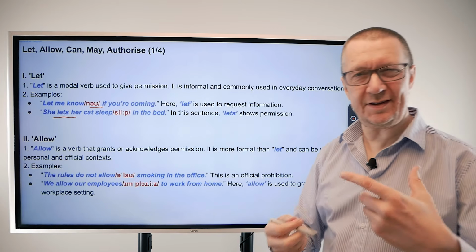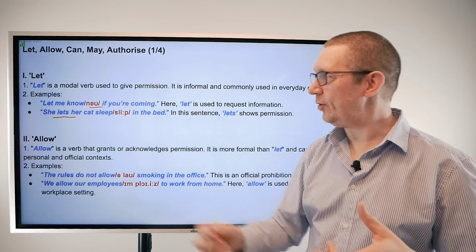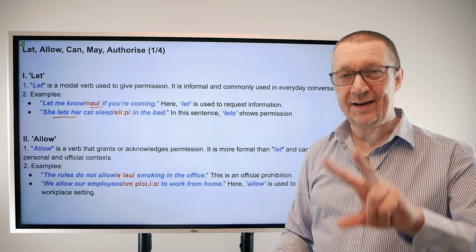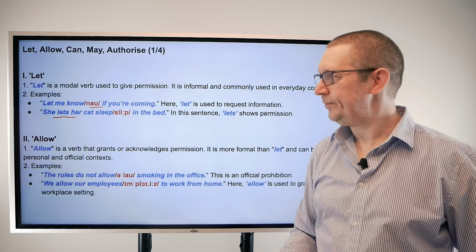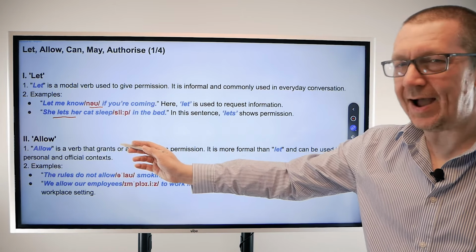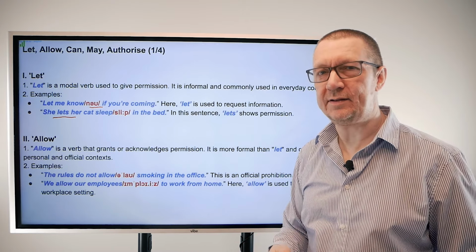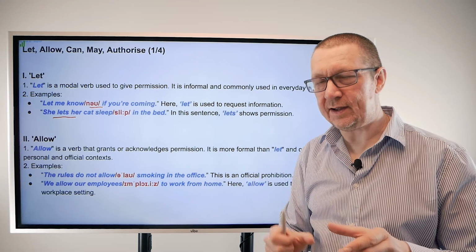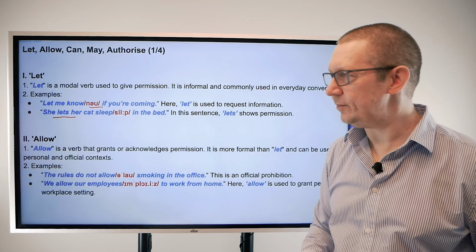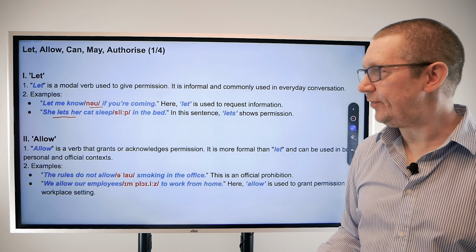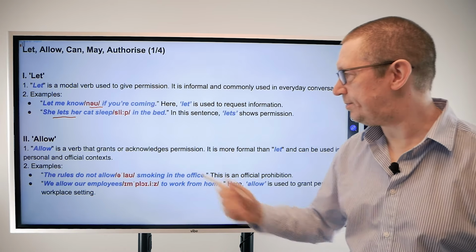Notice how I used allow a lot when I was talking about let, and it's because they're very similar. So what's the difference between allow and let? Well, actually, it's just a level of formality and a little tweak in the grammar, and we'll come to that in a second. Allow is a verb that, again, grants and acknowledges permission.